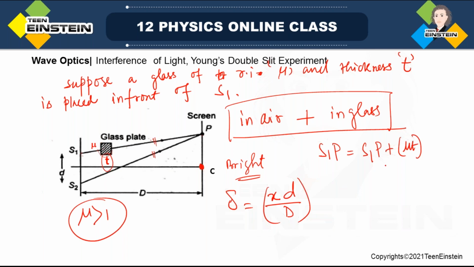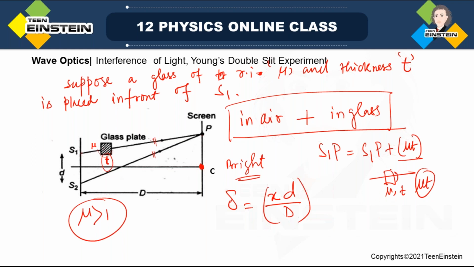Generally, it is written as mu into T. If you simply pass through a material having refractive index mu and thickness T, then the path added is mu into T.